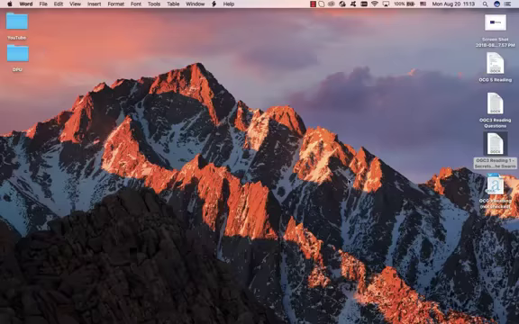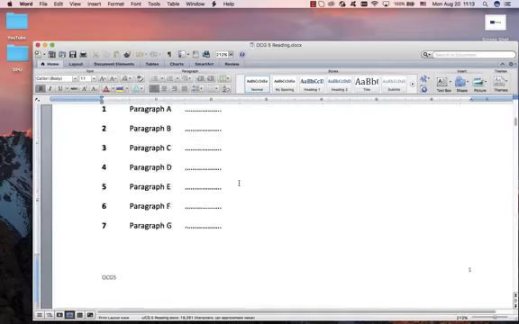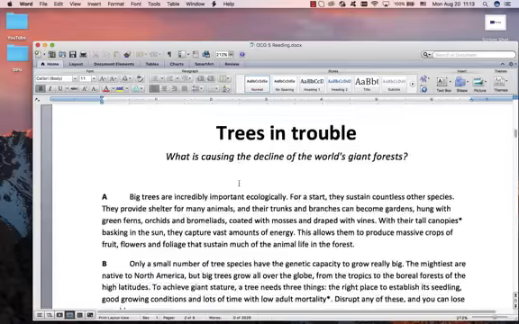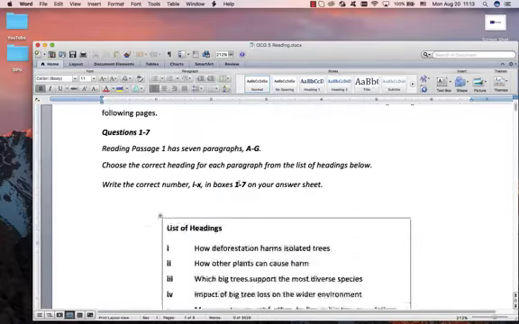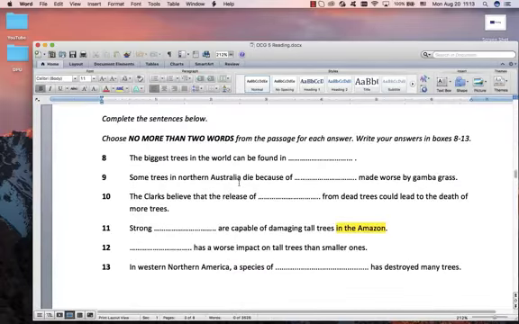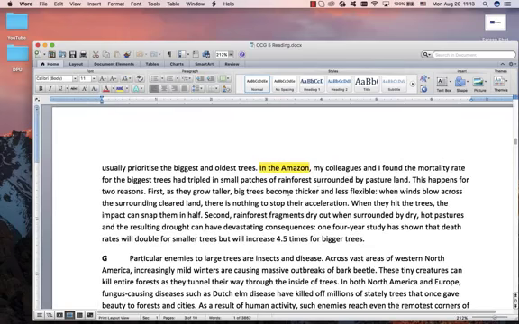Great. One more quickly. This was trees in trouble. I think it was passage 1. Yeah. I just want to focus on this one over here. There was an R over there, so if you found Amazon strong something can damage the trees, we know that we're looking for a plural countable noun. It was a slightly more difficult one because it was somewhere in here.